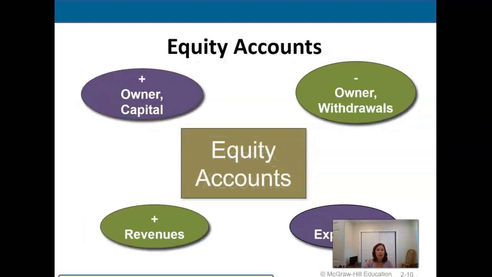We then get to owner's equity, and hopefully you remember the idea that there is this umbrella of owner's equity, and under that umbrella we have 4 separate accounts. We have our owner's capital, and then owner's withdrawals, revenues, and expenses.